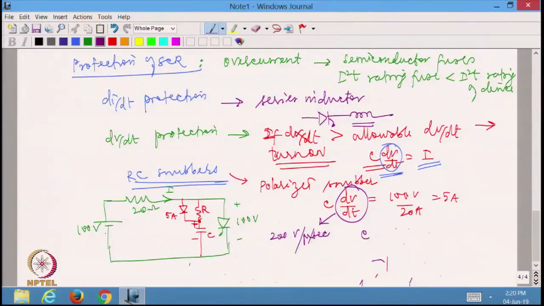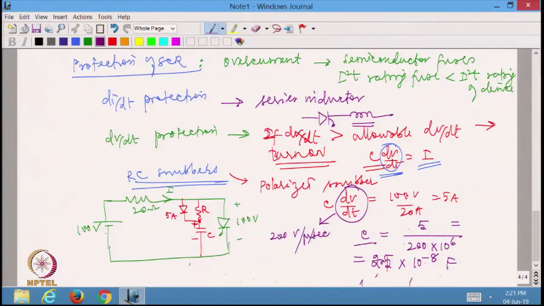So, I will have C equal to 5 ampere divided by 200 into 10 power 6. So, 5 divided by 2 is 2.5, multiplied by 10 power minus 8 farads. So, that means 0.025 microfarad, that is what I am going to get.